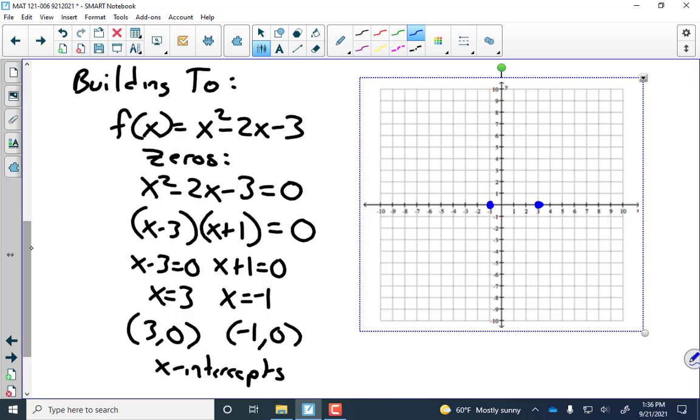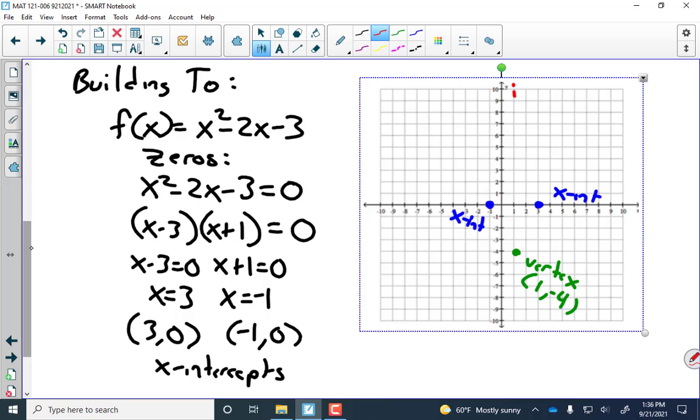Right here and right there. There's an x-intercept, and there's an x-intercept. But I'm going to show you how to find the vertex. The vertex for this one happens to be right down here. The vertex is the center where it all comes together. I'm going to show you how to find the vertex.